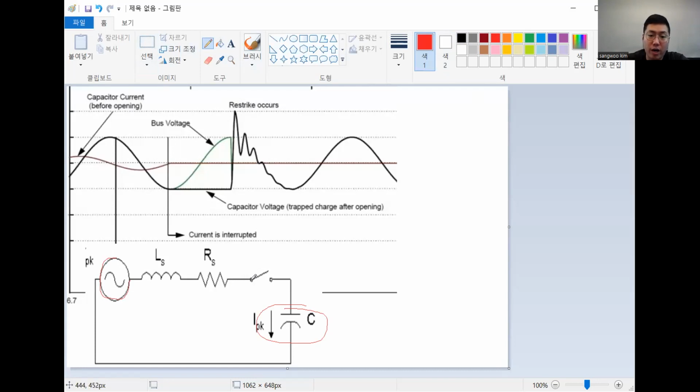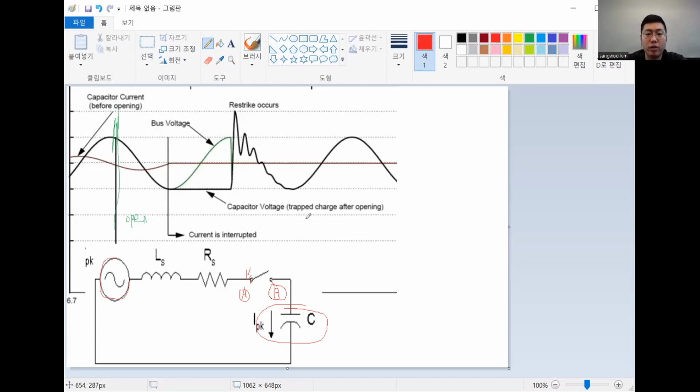For example, here I will say the first part is A point and the second part is B point, okay? So this green line is where we start opening the circuit.